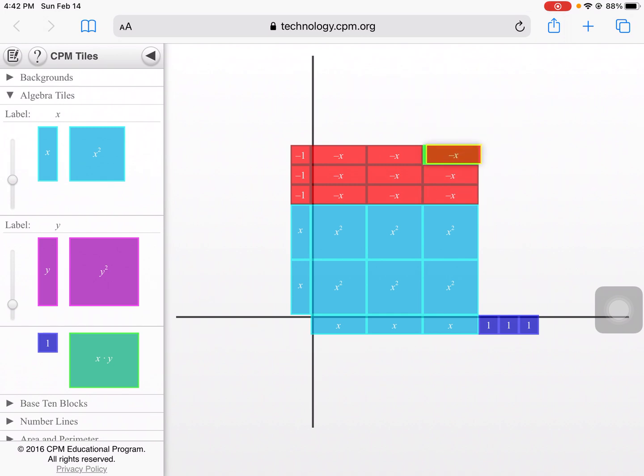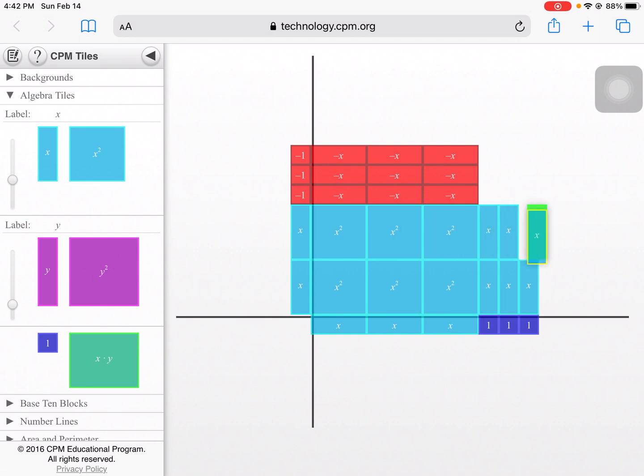And then we need to do these two x's times these three 1's over here. So these will all be positive x's. And then this part up here is the negative 3 times the positive 3. So that will be our negative 9.